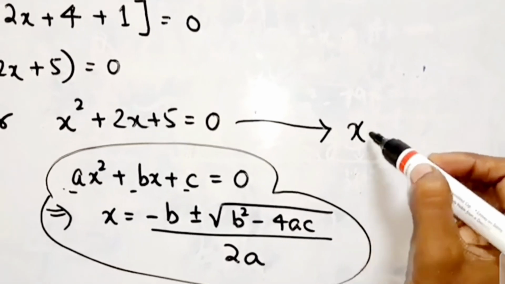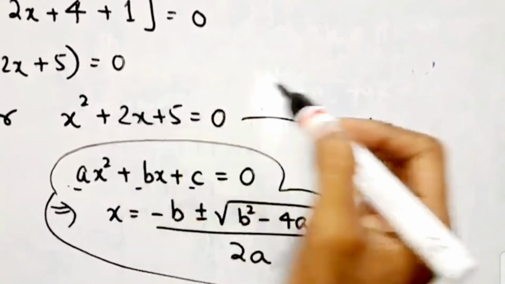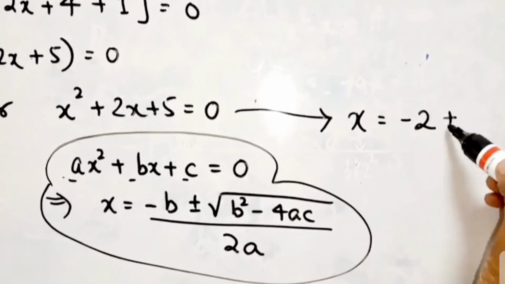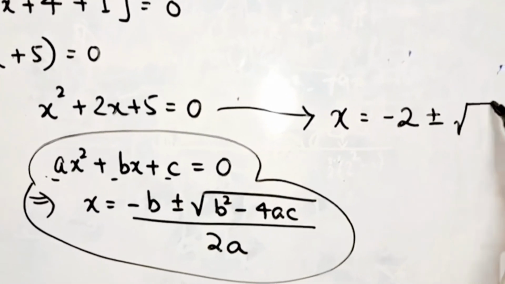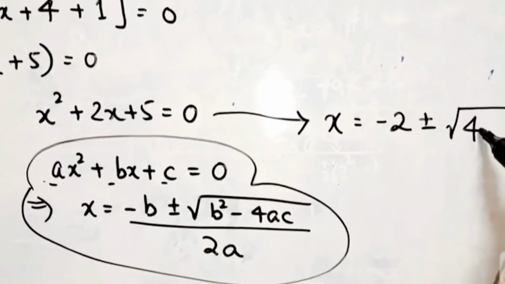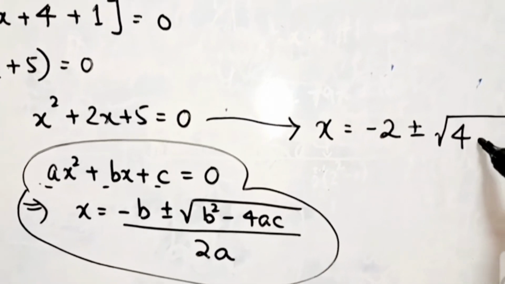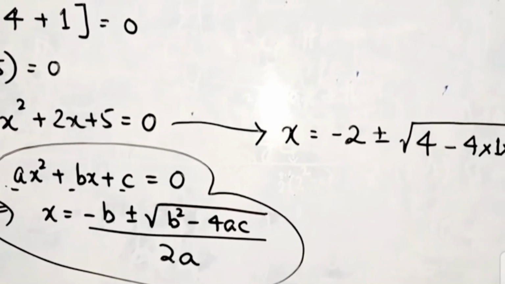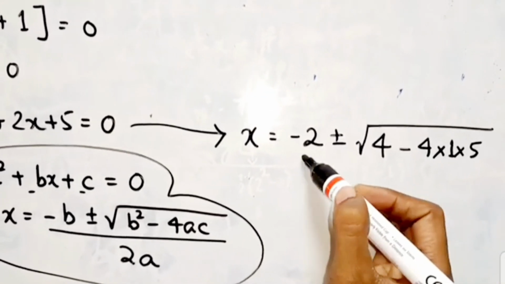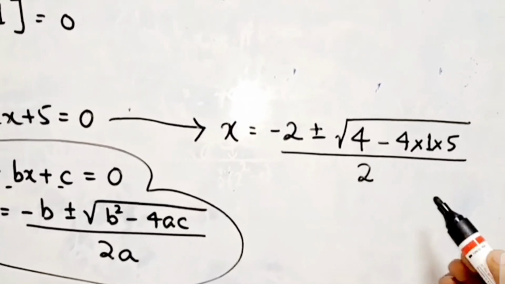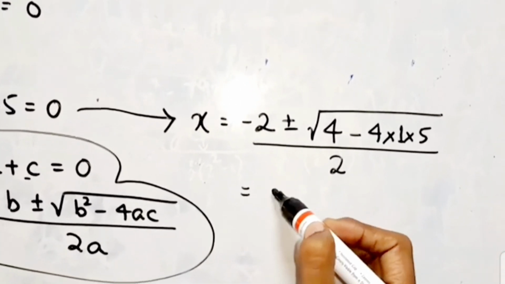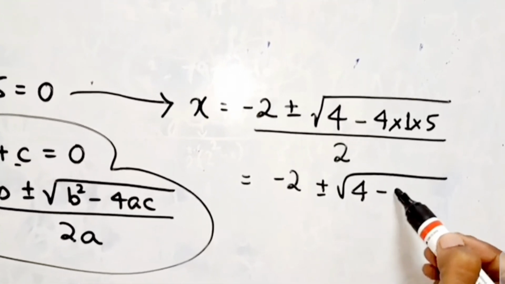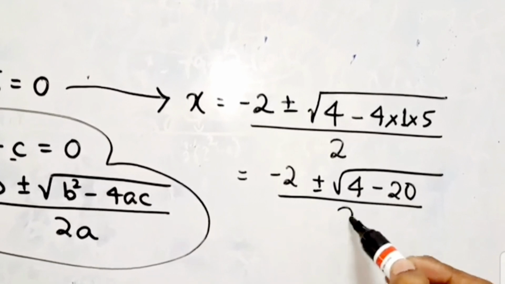I am keeping the formula side by side. That is x equals to minus b, that is minus 2, plus or minus square root of b square, that is 2 whole square, minus 4 times a times c, 4ac, whole divided by 2 times a, which is 2, from which we get minus 2 plus or minus square root of 4 minus 20 whole divided by 2.